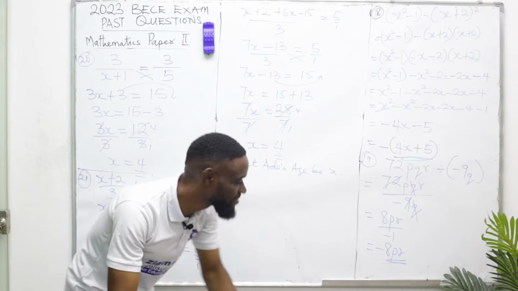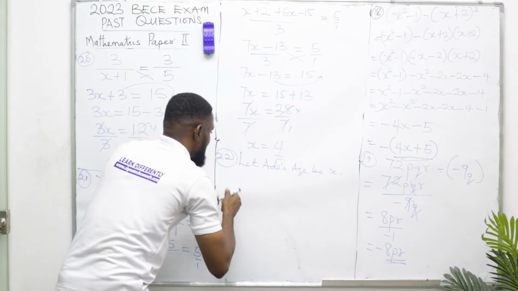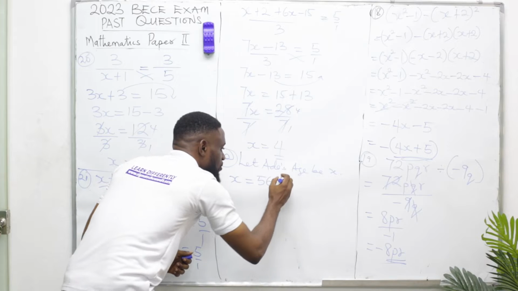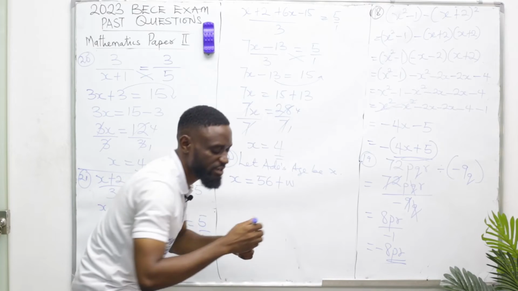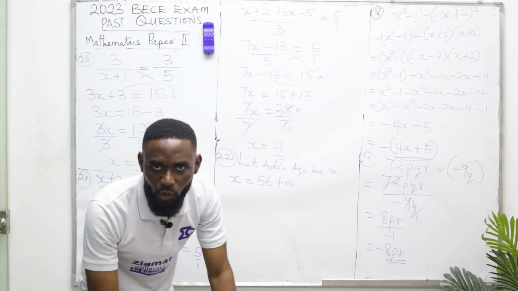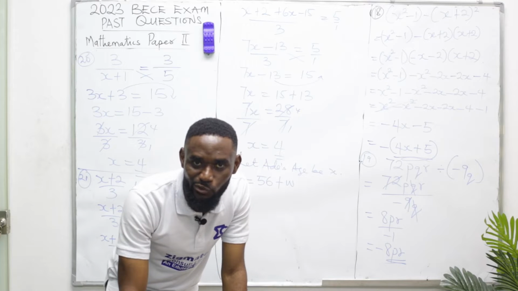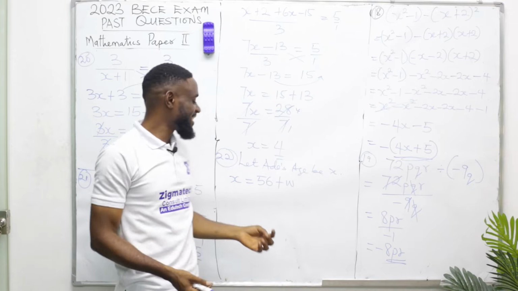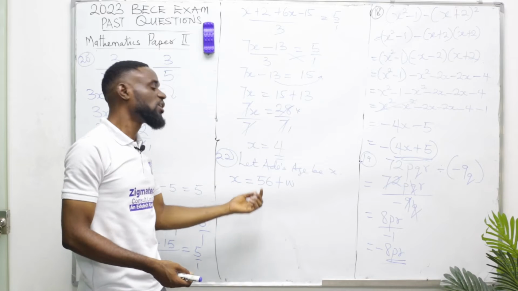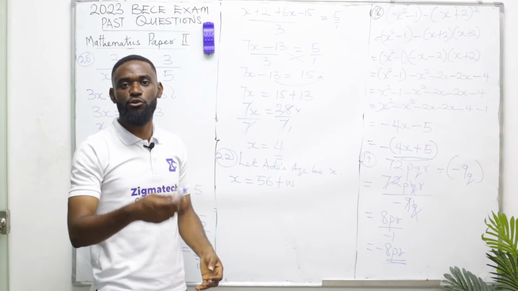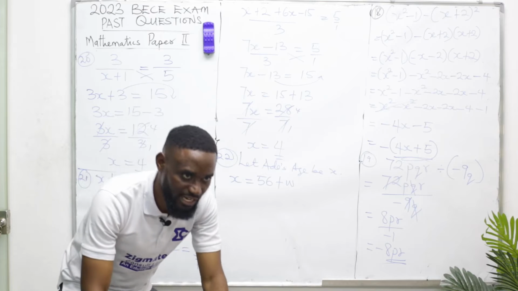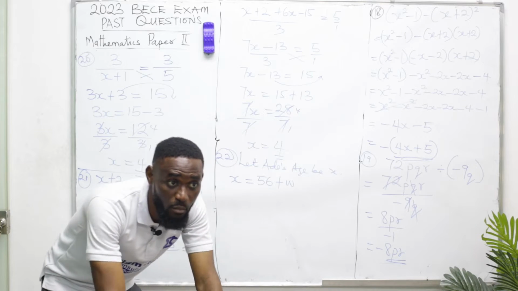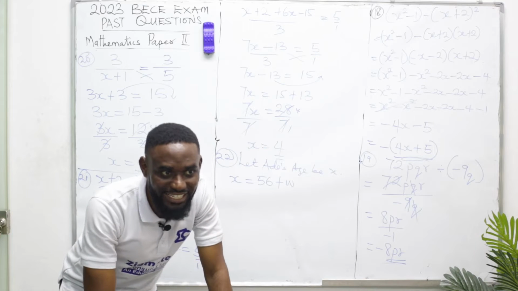It means Ade's age, X, is equal to 56 years plus W. Remember, the son's age from the question is W years old. So X is equal to 56 plus W years. That is correct.